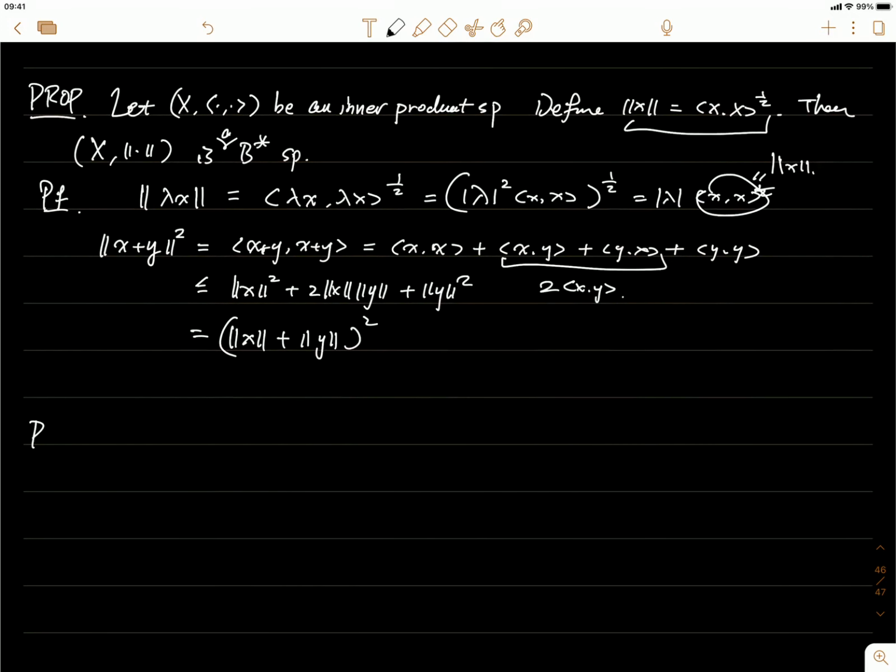Okay, and then we can also show that when we have an inner product space, the inner product is actually continuous with respect to both arguments.